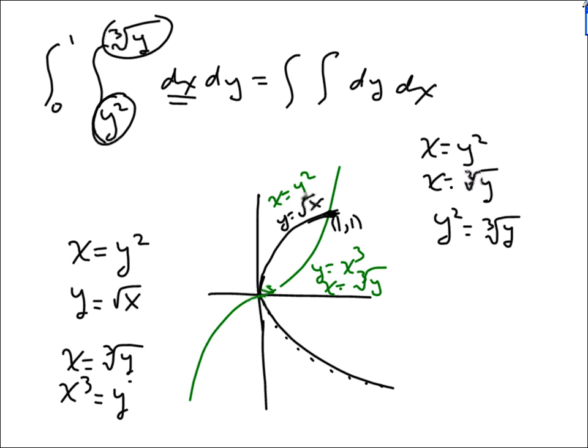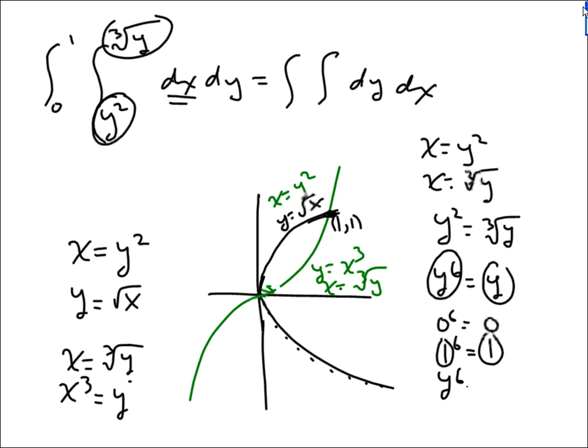If you cube both sides, you get y to the 6 is y. Well, you should know this answer. 0 to the 6 is 0. That worked. And 1 to the 6 is 1. That is, if y is 0, these two are equal. If y is 1, these two are equal.